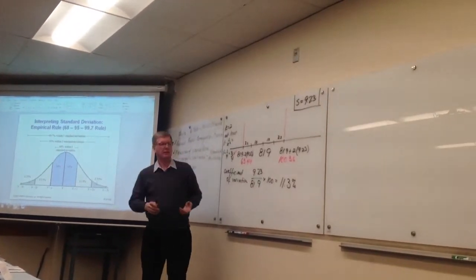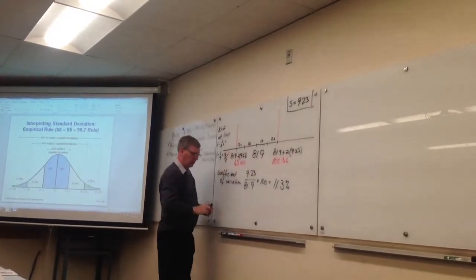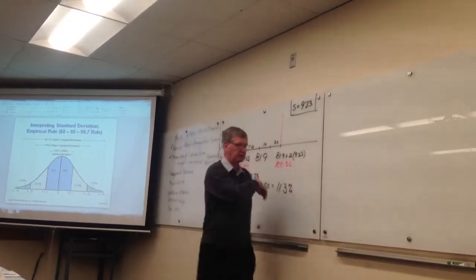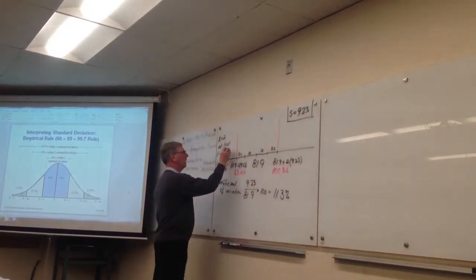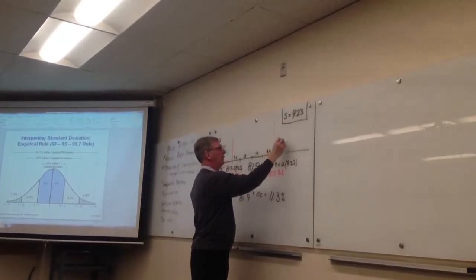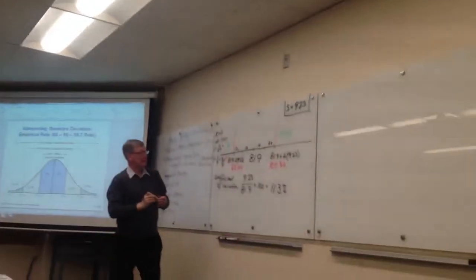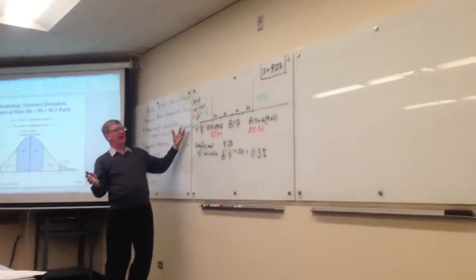And you just told me that if I go out 2 standard deviations, 1, 2, what's the only data piece that was outside of that? 61. What's the only data piece that's over here? 104. So Chebyshev says you're going to have at least 75% of your data.